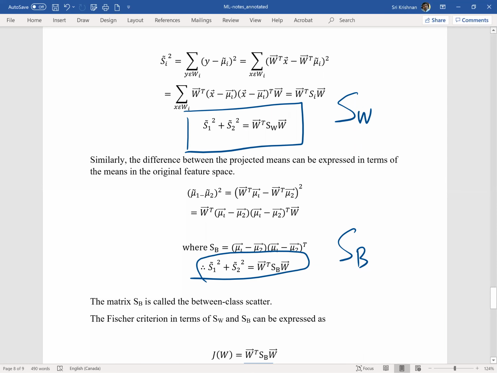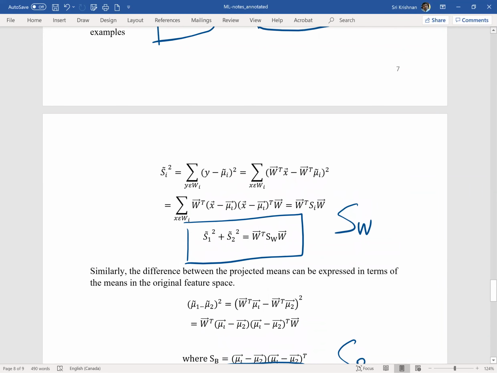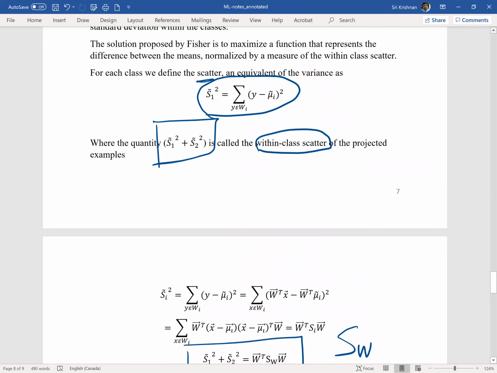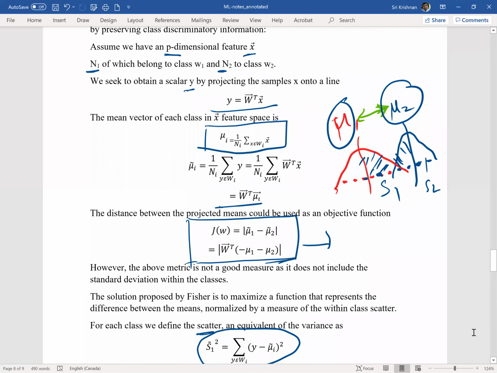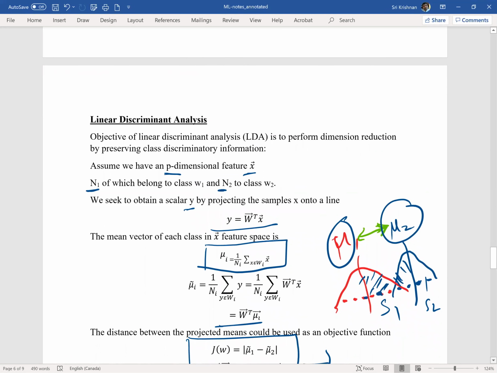To give an idea, if I go back to the diagram we had, if you take the variance here, this is a within class variance.